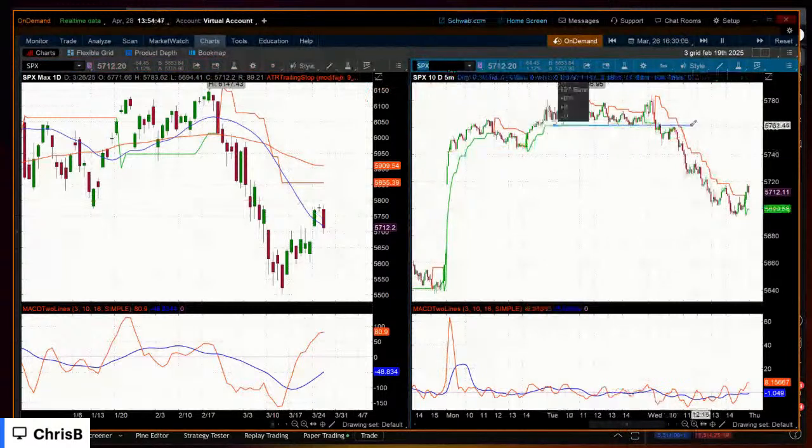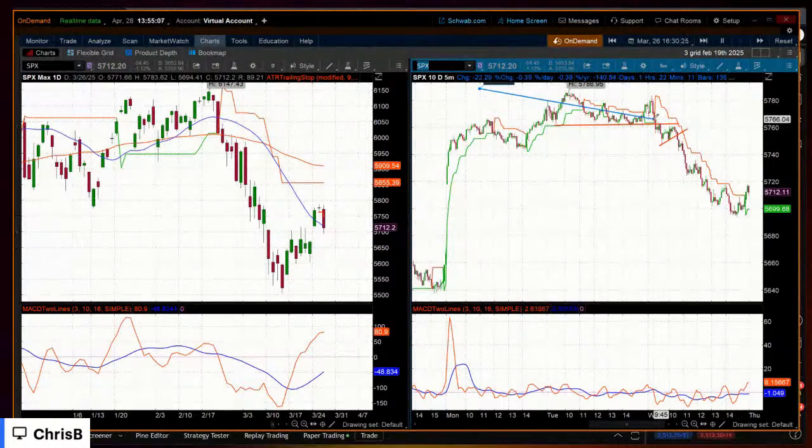You see that break? One of my favorite things is not shorting the break, it's shorting the consolidation. Because if you shorted right here, that's a 3-point stop on a $5,000 product. Now, if you shorted right here, it's a 20-point stop because you're not sure yet. Does that help? I'm hoping that helps.